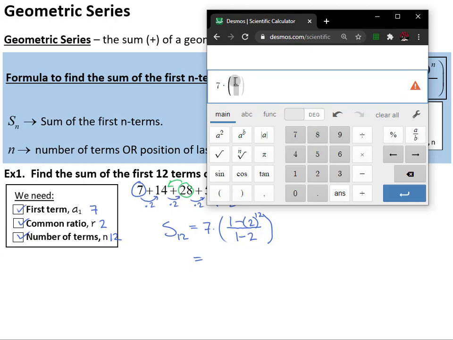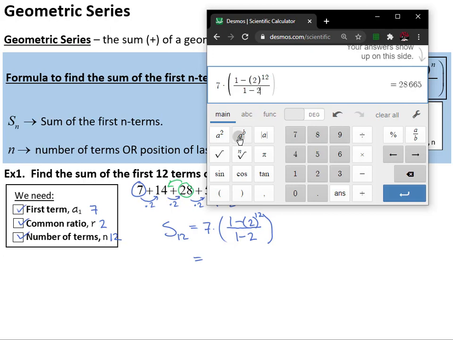And in the top, we're going to type 1 minus, don't forget the parentheses around your common ratio, so parentheses 2. And then to raise it to a power, you can press this button, or you can use Shift 6, which will also get you up into our exponent. So now I'm going to press down to get in the denominator 1 minus our common ratio. And so here, I could of course close my outer parentheses, but here is our answer.